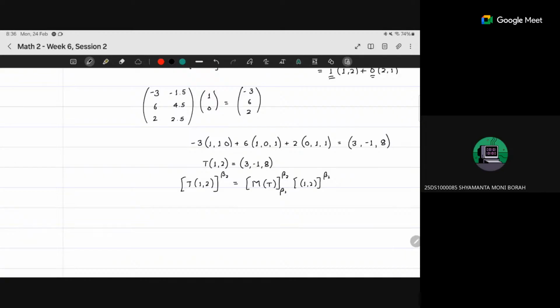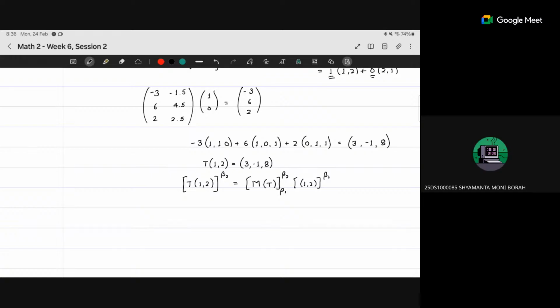Okay. So for the other vector, T of 2, 1 in beta 2, for example, it will be the matrix of T from beta 1 to beta 2 times the coefficient vector of 2, 1 in beta 1.